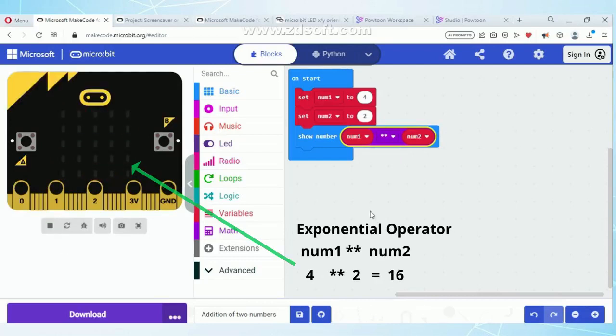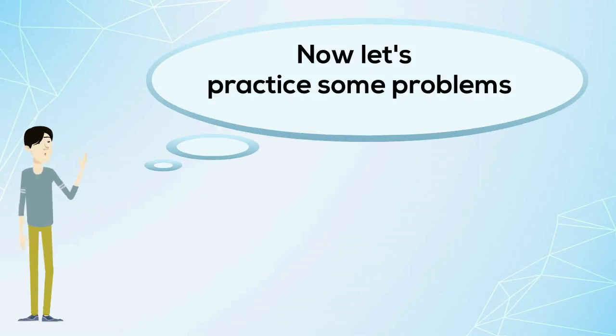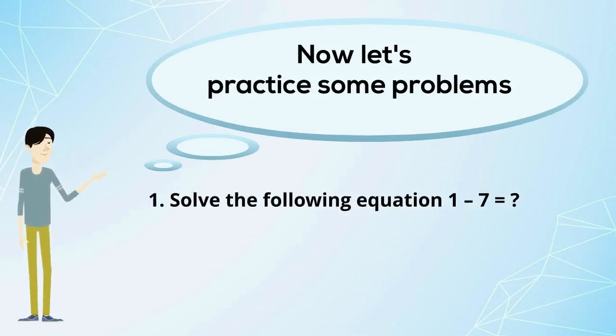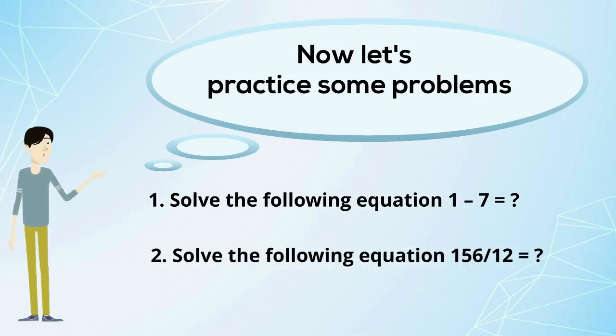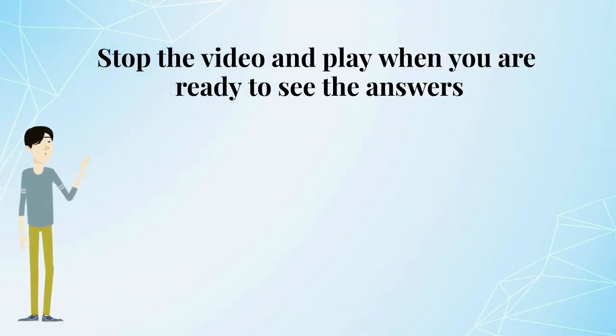Exponential operator, num1 raised to the power of num2 equals 16. Now let's practice some problems. Stop the video, and play when you are ready to see the answers.